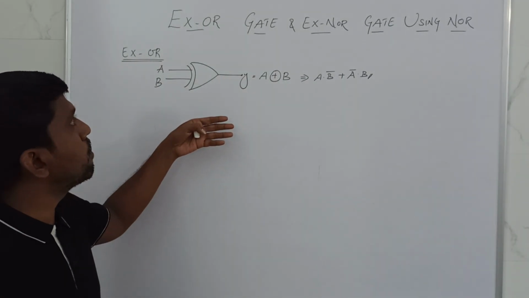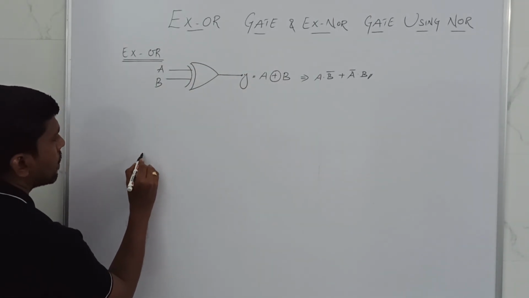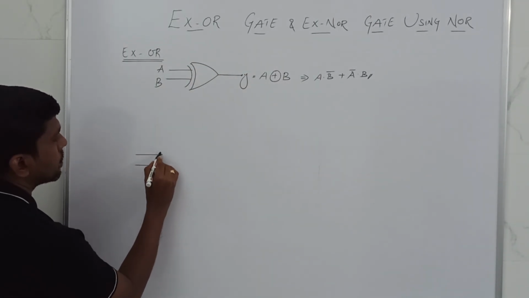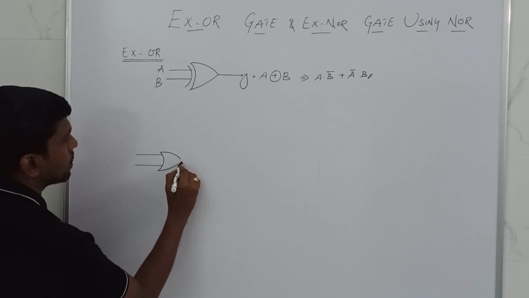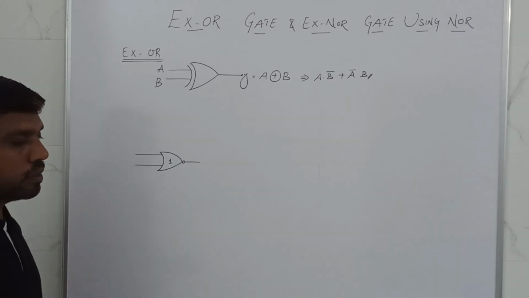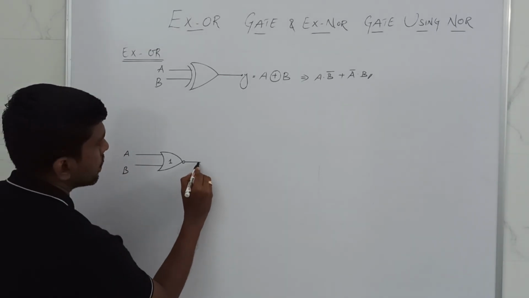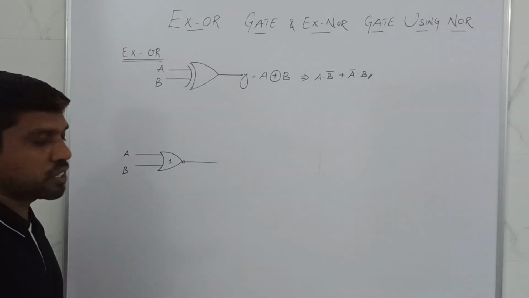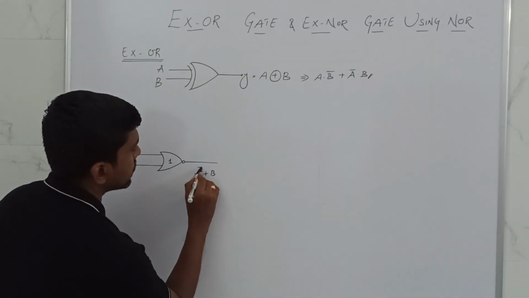Now we are going to implement EXOR gate by using NOR gate. So NOR gate 1 has two inputs A and B. The output of the first NOR gate is A plus B the whole bar.